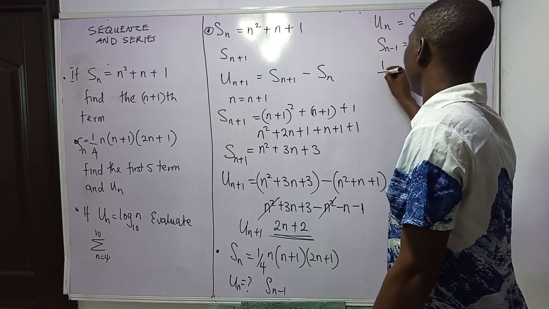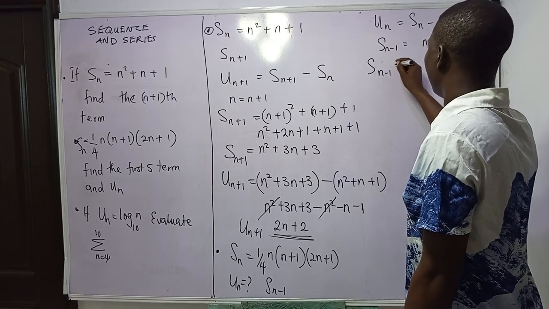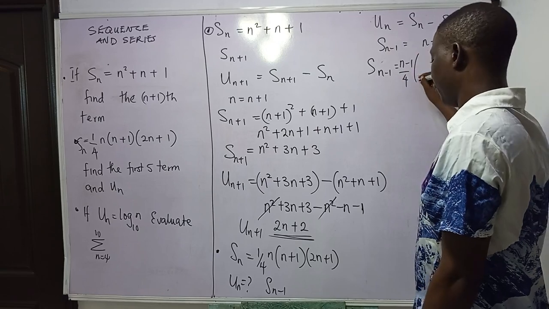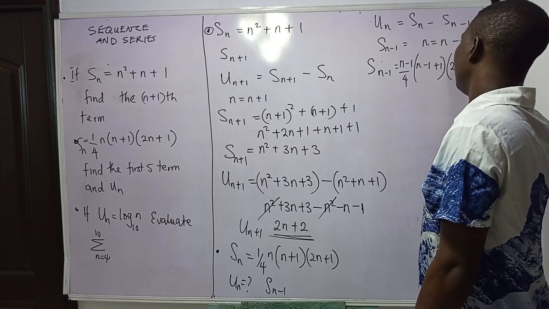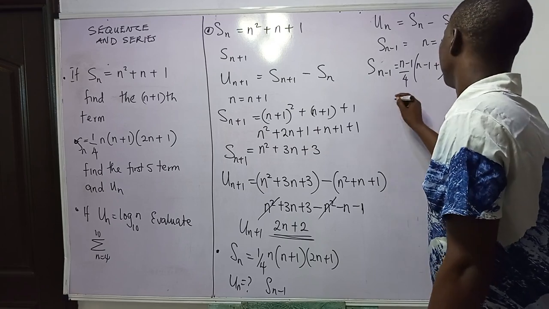So S n minus 1 equals n minus 1 over 4, n minus 1 plus 1, 2 into n minus 1 plus 1.